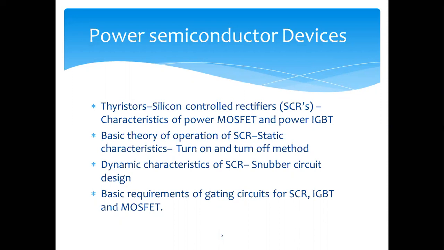Next, the basic theory of operation of the SCR, silicon controlled rectifier, and their characteristics. And also we use turn on and turn off methods. The SCR is a controlled device. In electronics, germanium diodes, silicon diodes, and some of the transistors come under the uncontrolled devices.